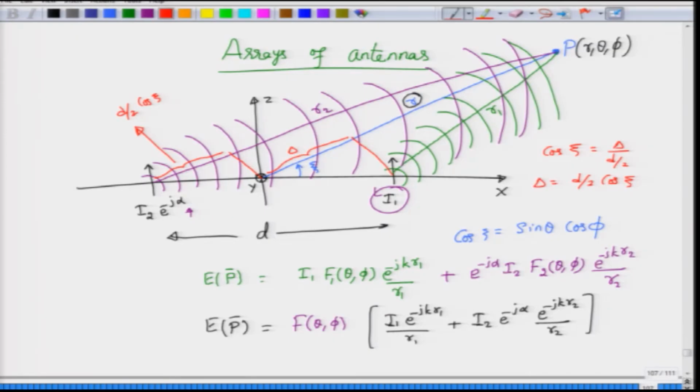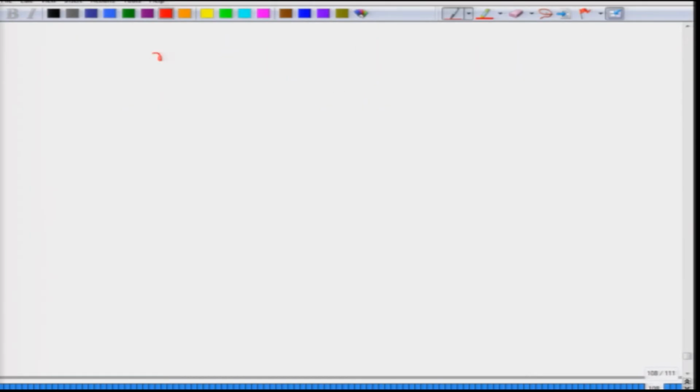Right. So, I can in these expressions write R1 as R minus d by 2 cos zeta and R2 as R plus d by 2 cos zeta, and then substitute into the expression and write it down.